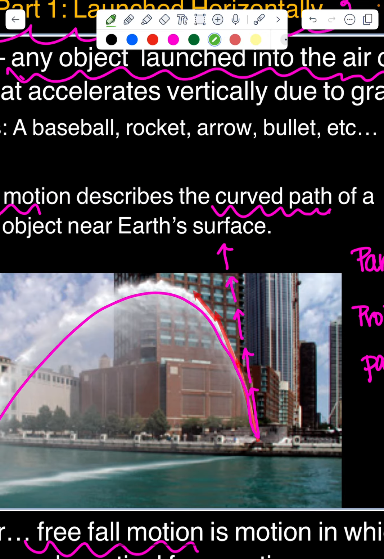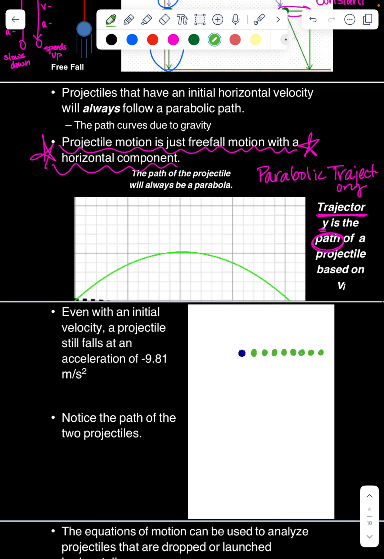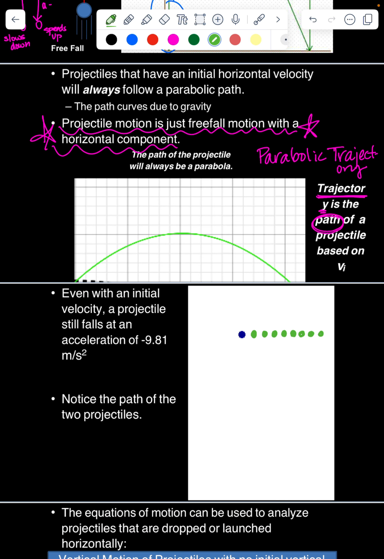Because there is no gravity, it would just go in the same direction forever and ever, so it would travel at that constant rate. So this is what we're going to call a gravity-free path.